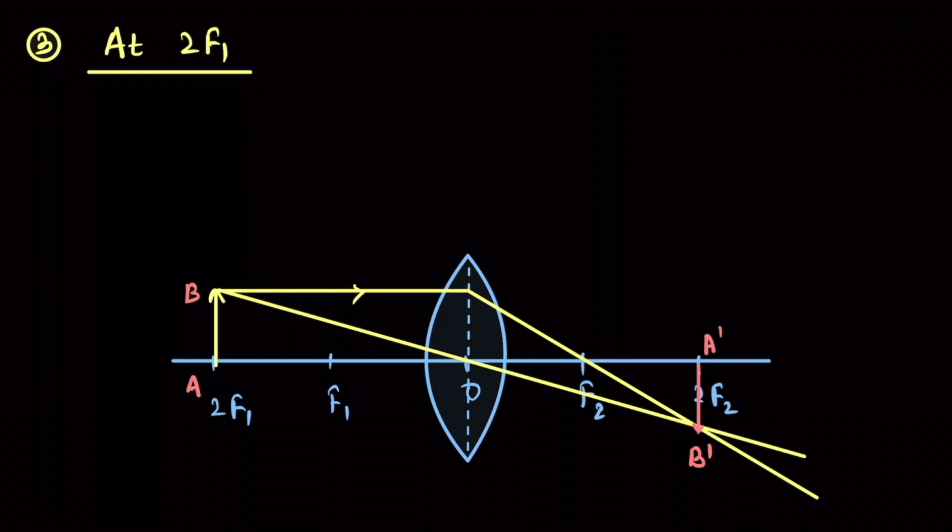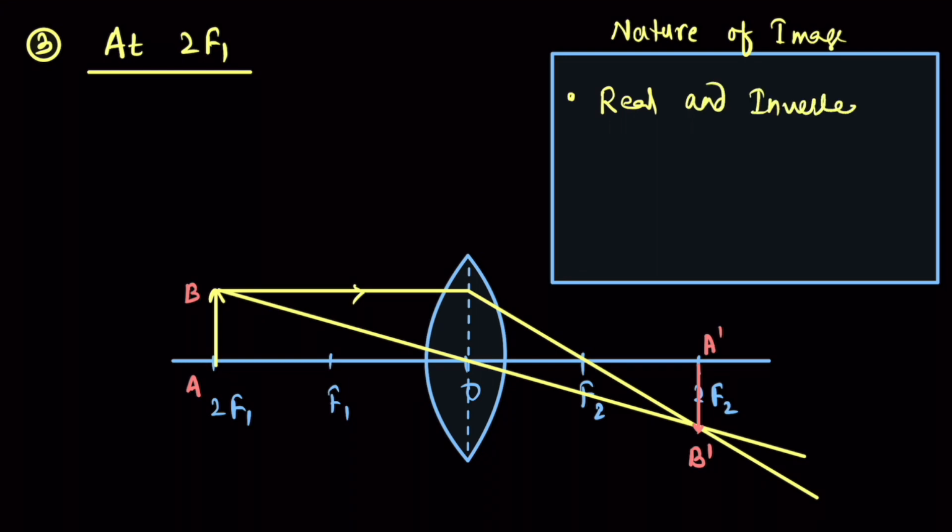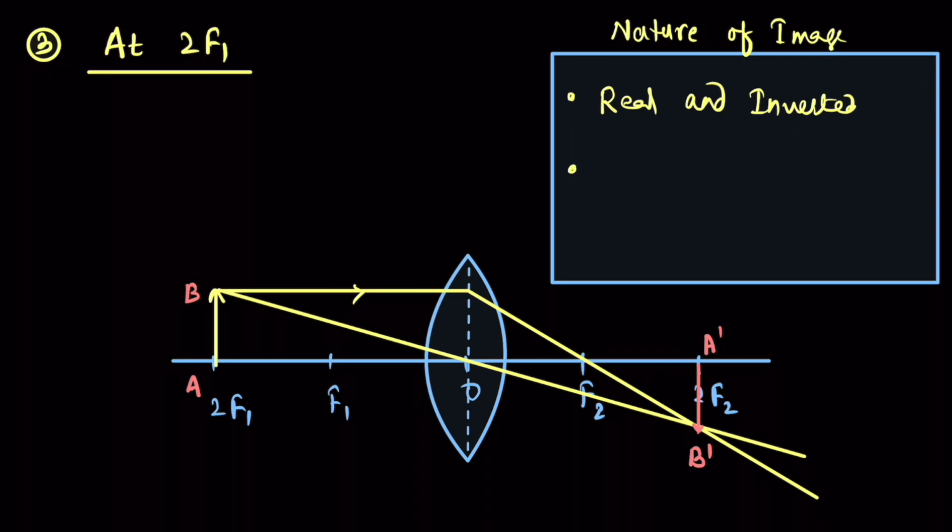So we can write the nature of the image. First is real and inverted. Second is the image size is same as the object.